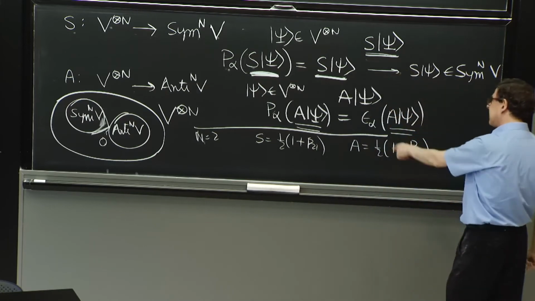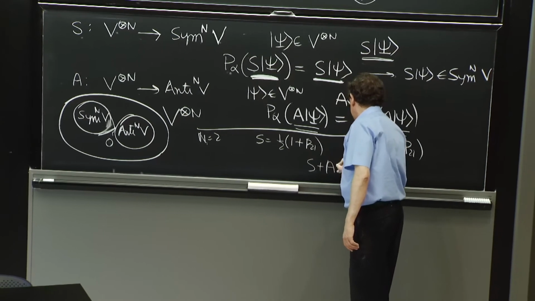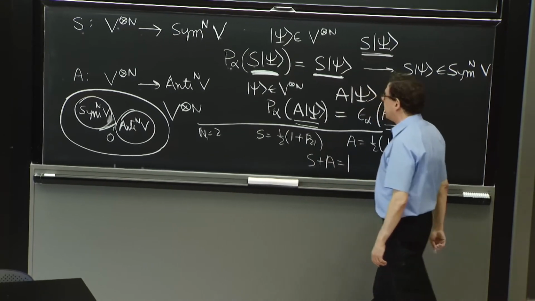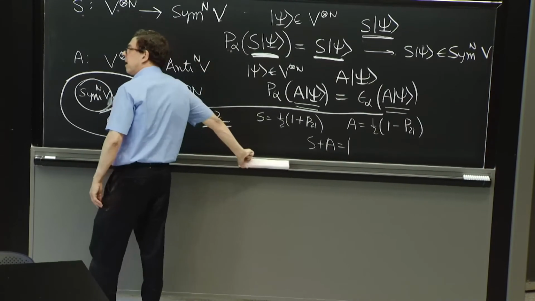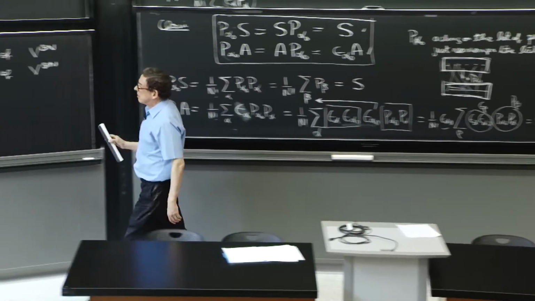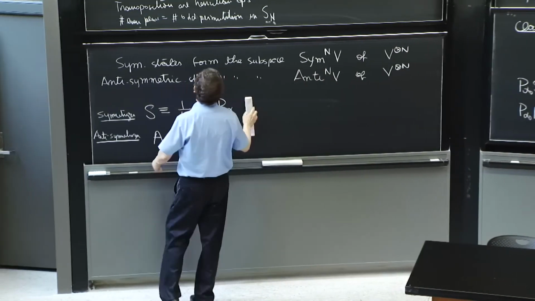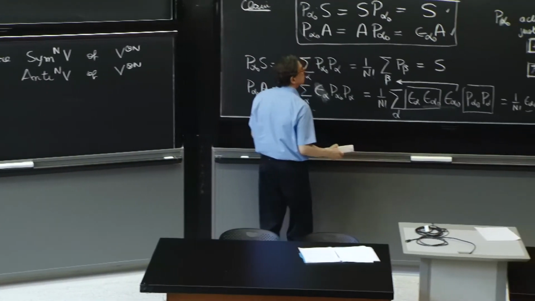In that case, the symmetrizer plus the antisymmetrizer was equal to 1. But this is only for two particles. If you have three particles, this will not work. Suppose I get 3 particles. Maybe I'll use this blackboard.